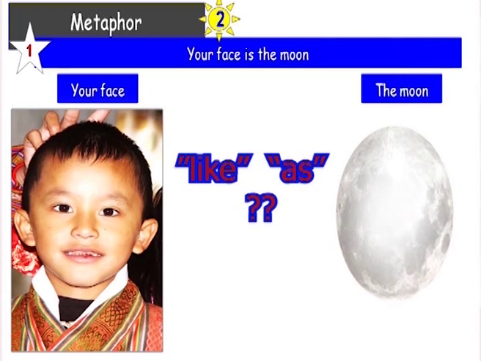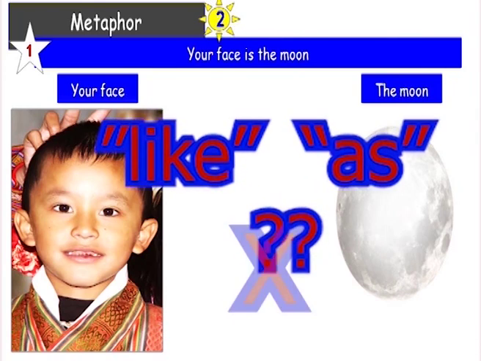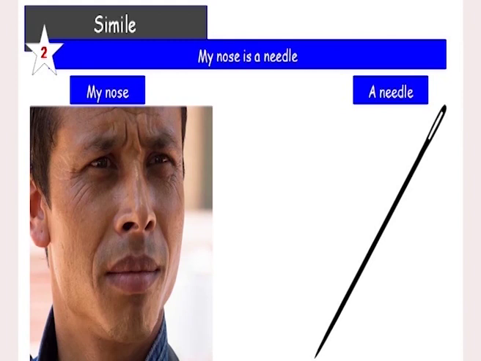In the previous example, there was a use of like or as. In this case, there is no as or like. Example: my nose is a needle. My nose, needle.